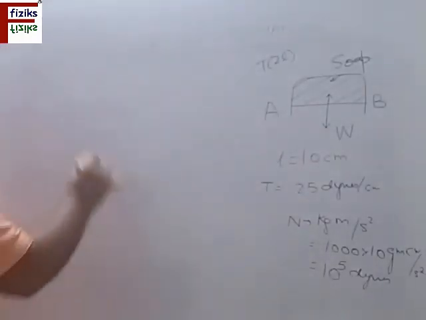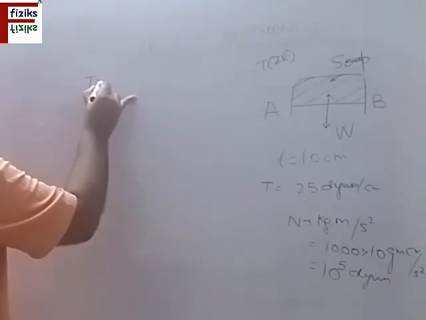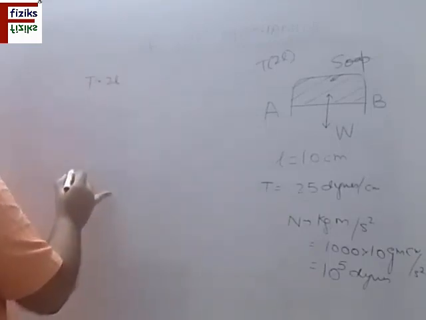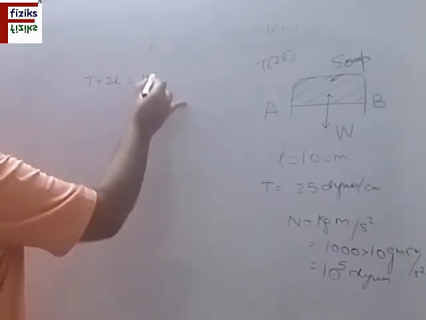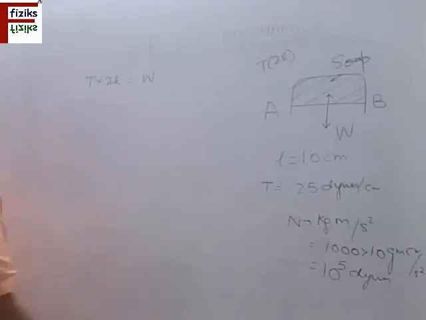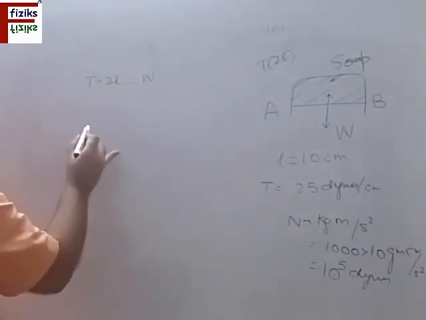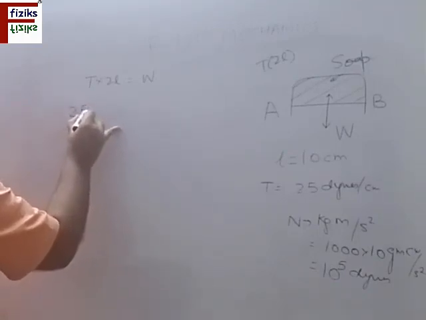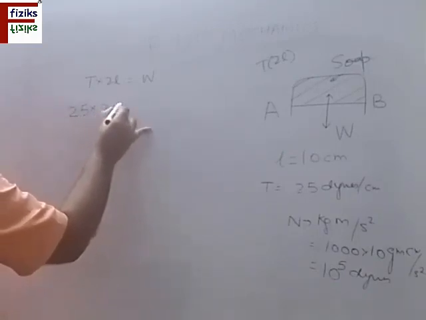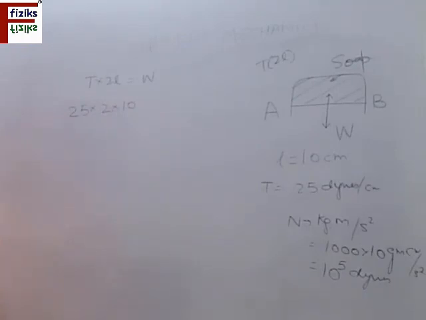Now we know that in equilibrium, T into 2L, this is the surface tension force, is equal to W. So W you have to find. So the surface tension force is 25 into 2 into 10 centimeter.